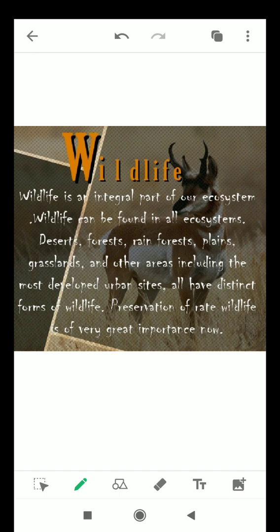All have distinct forms of wildlife. Preservation of rare wildlife is of very great importance now, as with increasing industrialization and modernization of human society, this natural land is being taken over by the ever growing population with unlimited wants.